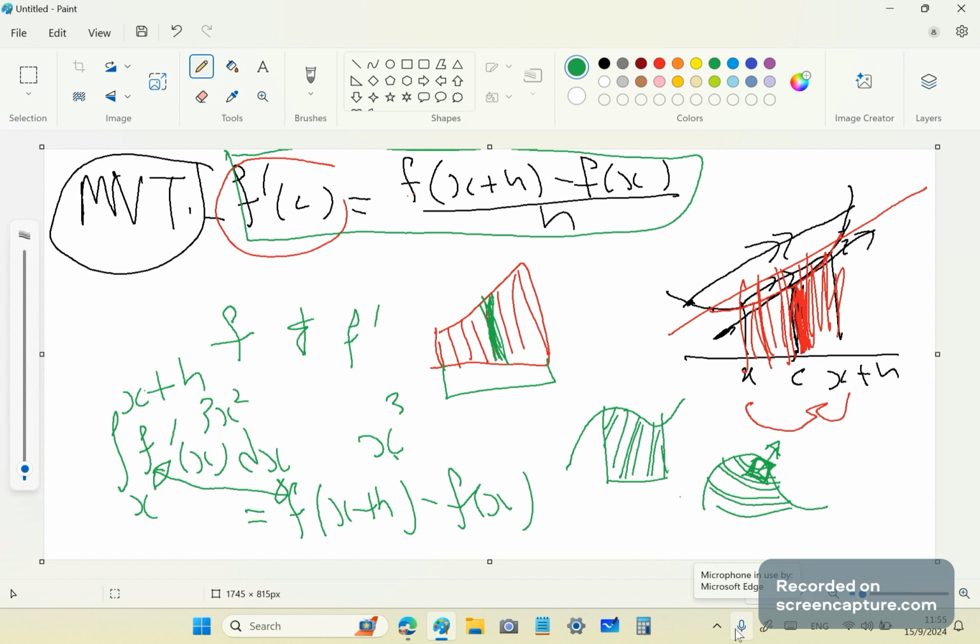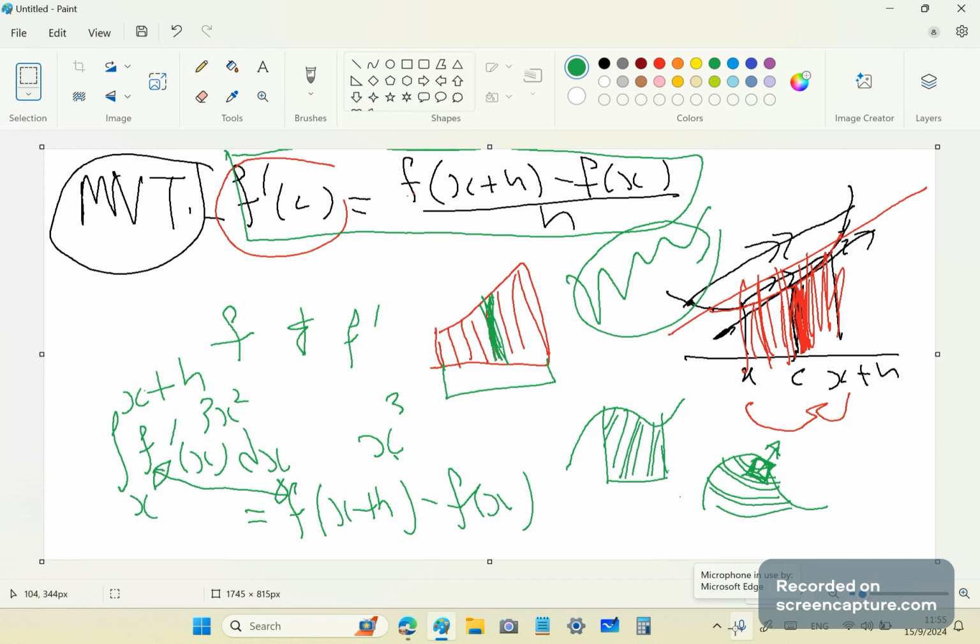You can't use them. Okay, you can't have a curve like that which isn't smooth and then use this fundamental theorem or the mean value theorem on this. Because think about it. Let's just clear this out.